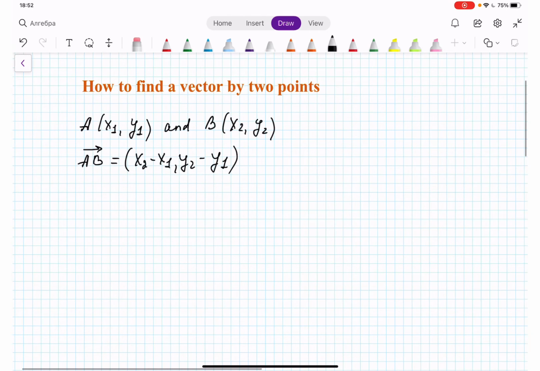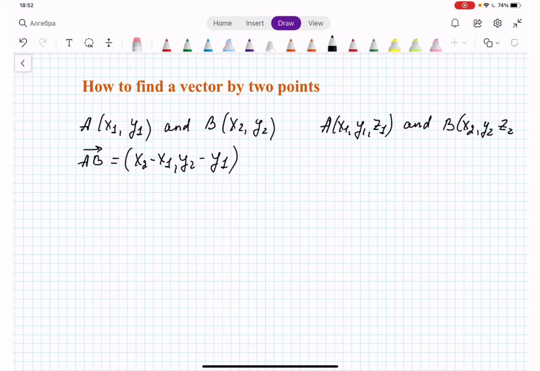And if we have coordinates of two points in space, since it's 3D, then we are going to have A with x1, y1, z1, and B with x2, y2, z2.